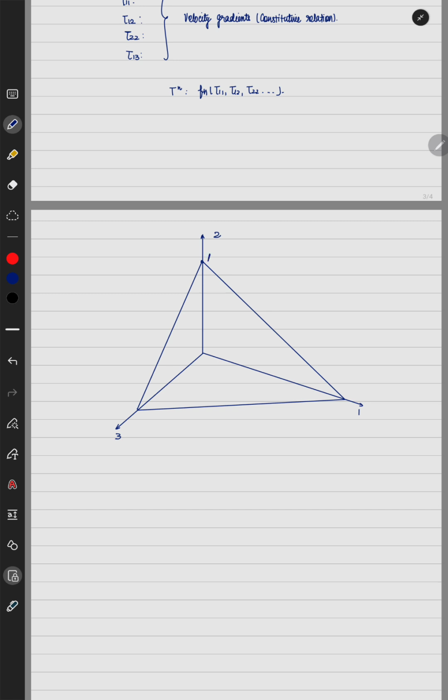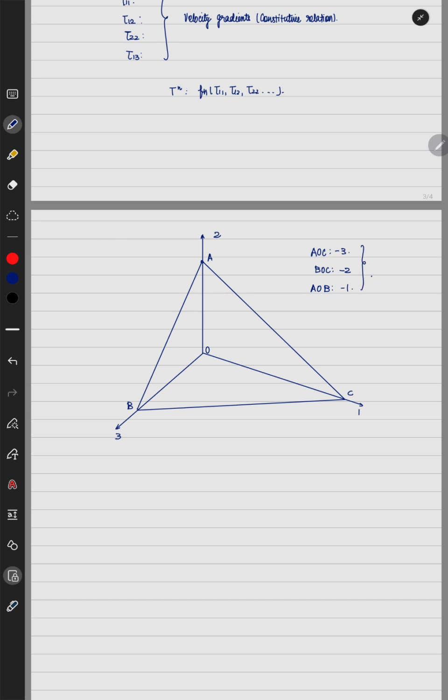I will write it as A, B and C, and this is O. Now you can see that AOC is oriented along -3, BOC is oriented along -2, and AOB is oriented along -1.